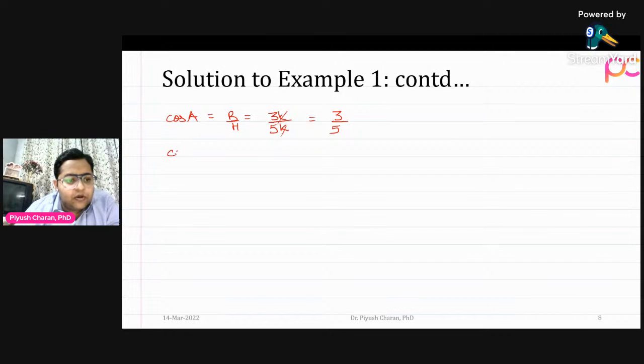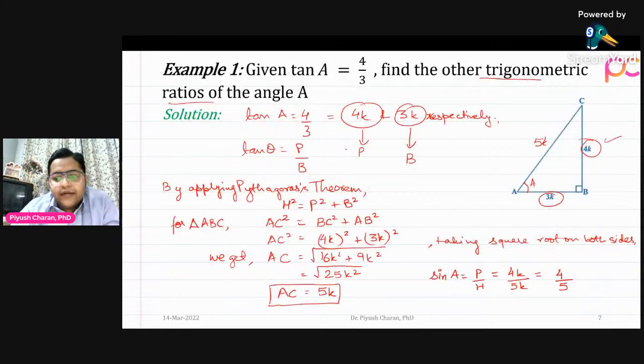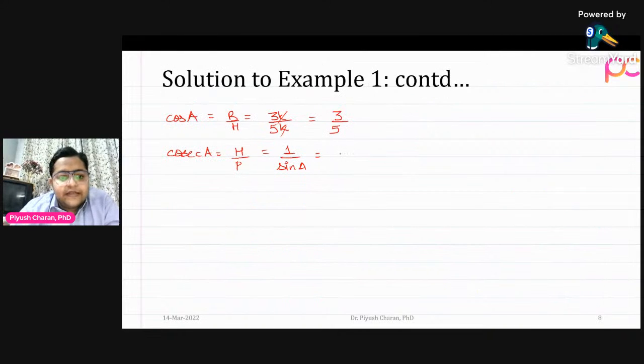Now let us calculate cosec A. Cosec A will be equal to hypotenuse upon perpendicular, because it is the reciprocal of sine A, or simply 1 upon sine A. Sine A we calculated as 4 upon 5, so 1 upon 4 upon 5 gives 5 upon 4.